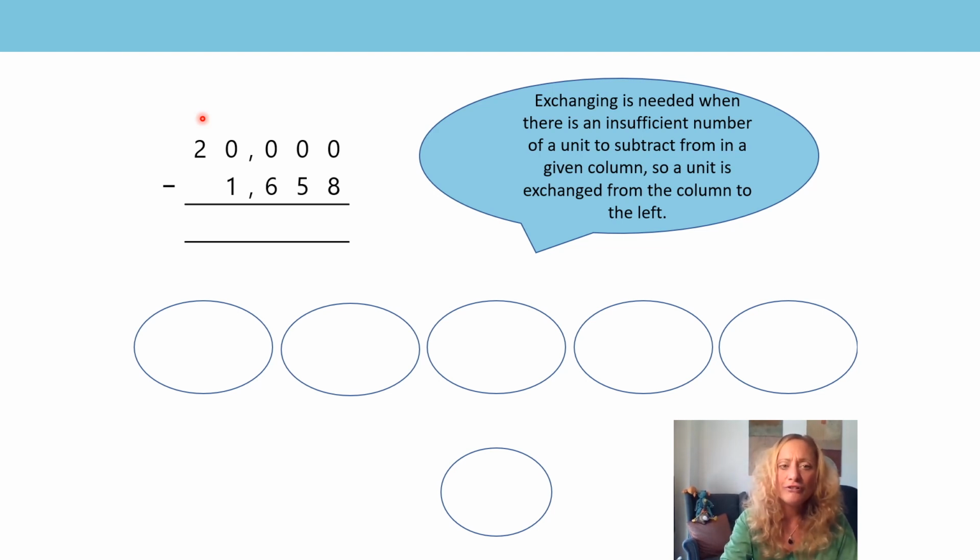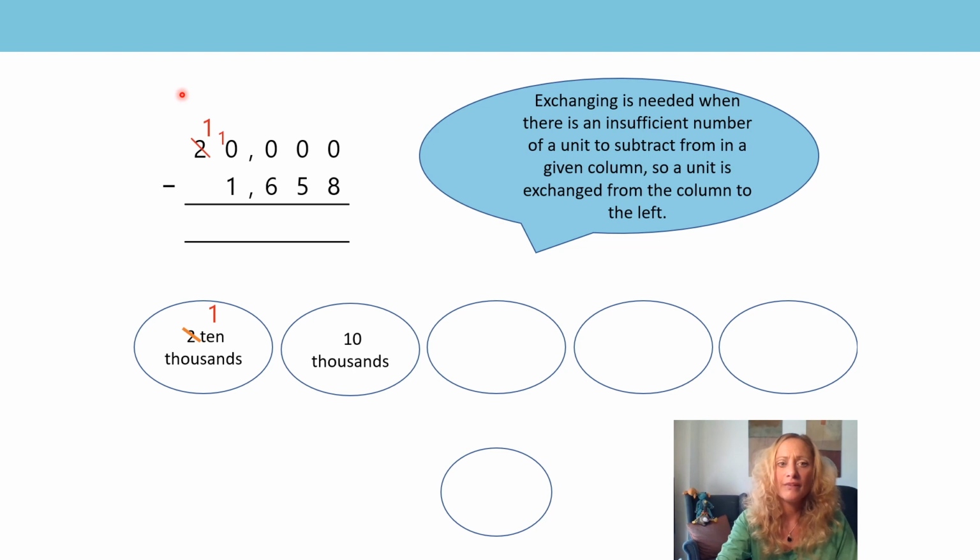So I have two 10,000s, excellent, and I'm going to give one 10,000 to my thousands column. Do you agree? Fantastic. Let's have a look at what that says. So two 10,000s, I'm going to exchange one 10,000, so I'm left with one 10,000 in my 10,000s column, and I have 10 thousands now in my thousands column, because one 10,000 is the same as 10 thousands.